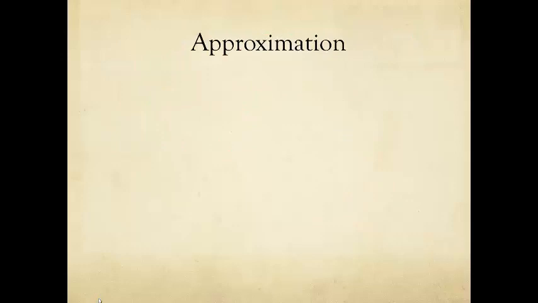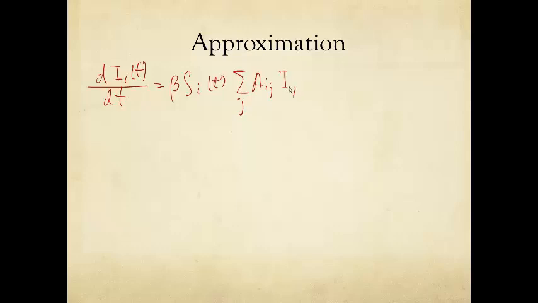So let's do that approximation here. Let's write down, for example, dI_i(t)/dt, its rate of change with respect to t, is beta times S_i(t), after this first order approximation and pulling S_i out of the summation over j, times the summation of a_ij times I_j(t). Now this S is just 1 minus I by definition.